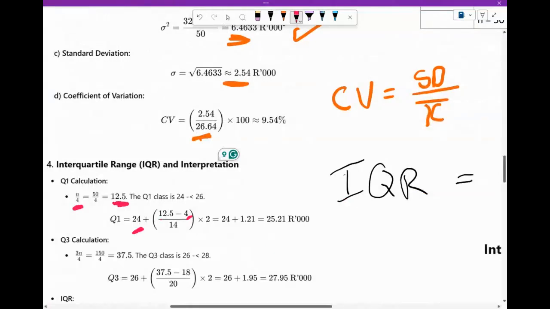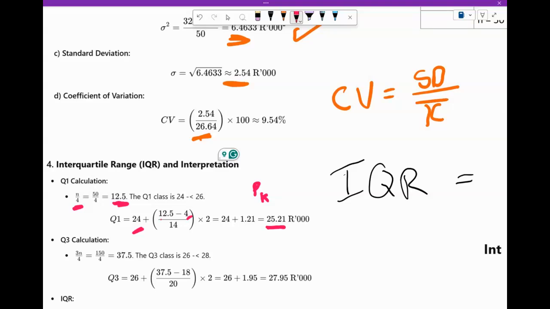Then times 2. If you solve for that, you'll see that, remember we said, what Q1 tells us is that the first quarter of our data is below 25.21. The first quarter of our data is below this value that we've calculated, okay?